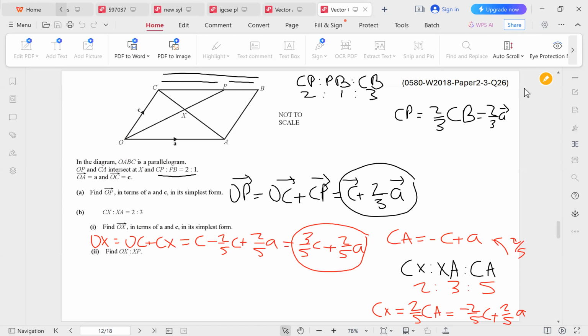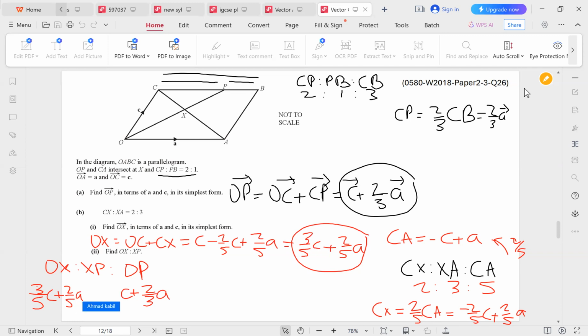Now we want to get the ratio for OX to XP. So we can construct the ratio in terms of OX to XP to OP. And we already have OP. OP is c plus 2 over 3 a. And we have OX, which is 3 over 5 c plus 2 over 5 a.